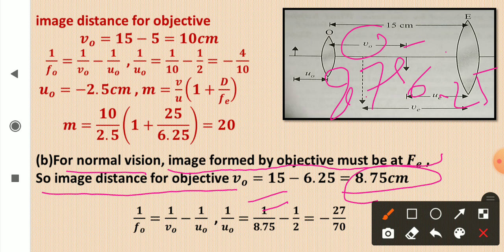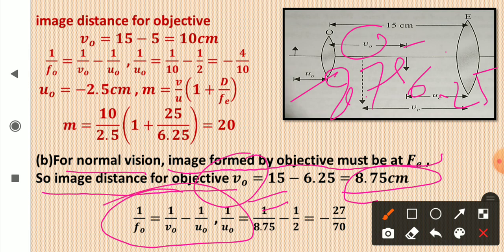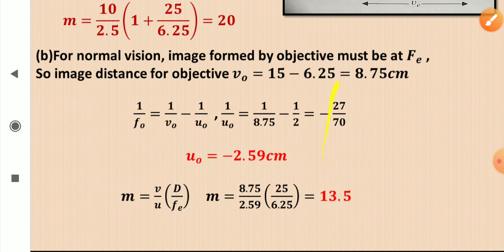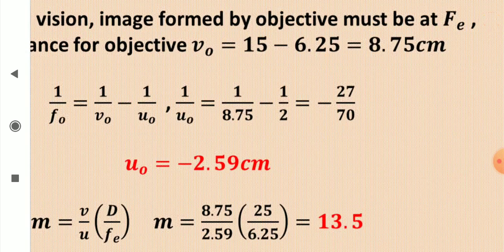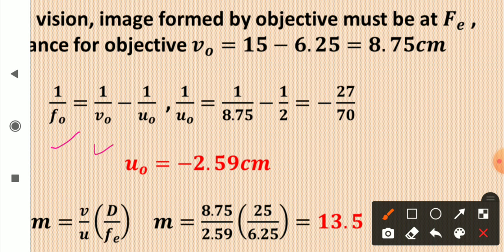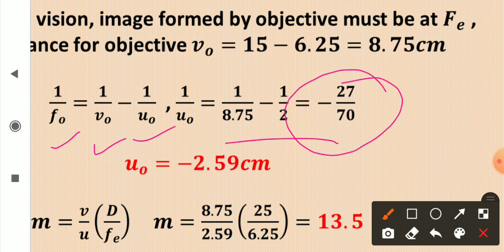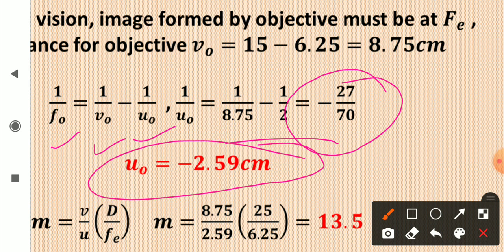So this is image distance for objective, and again using the same relation, the lens formula, 1 upon FO is equal to 1 upon VO minus 1 upon UO. Change the side, simplify, you get minus 27 upon 70. Take the reciprocal, simplify, UO comes out to be minus 2.59. That is nearly equal to minus 2.6 centimeter.